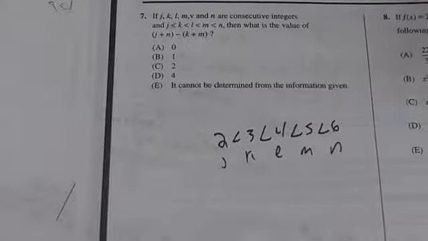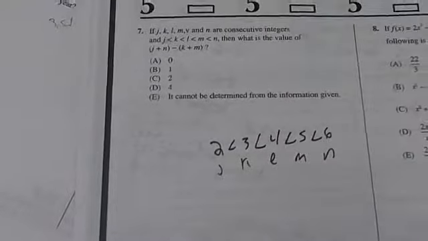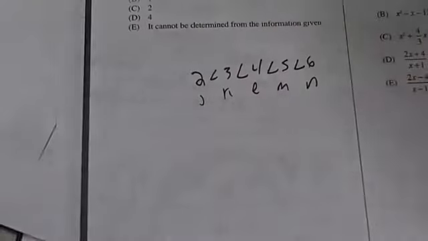It doesn't really matter what the extra variable is, because it can either be in front of the j or after the n. What is j plus n minus k plus m? j plus n, 2 and 6 is 8, and then k plus m, 3 and 5 is also 8. You subtract them, you get 0. So the answer is 0.